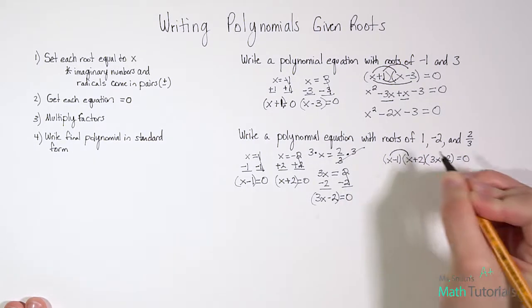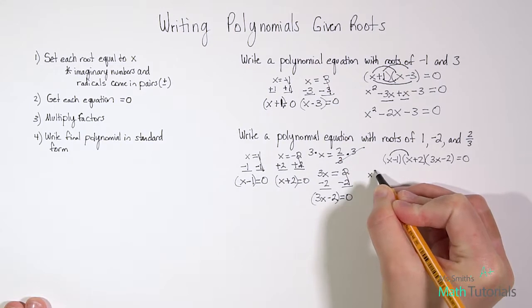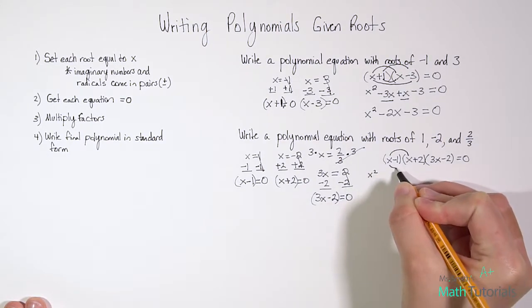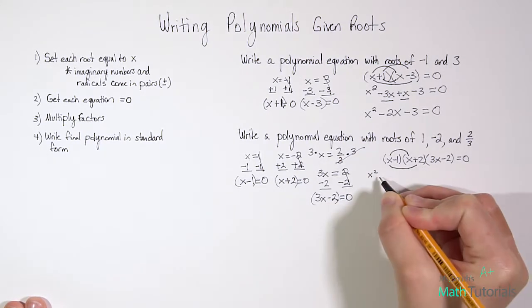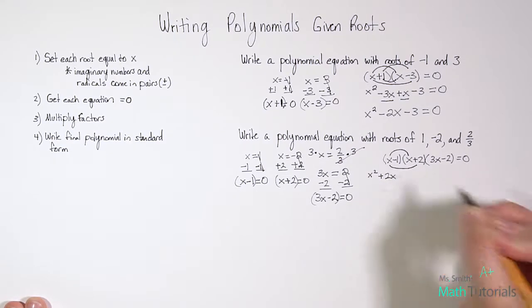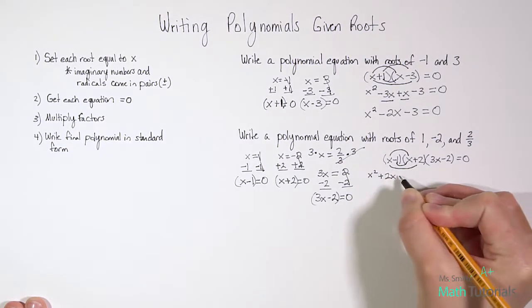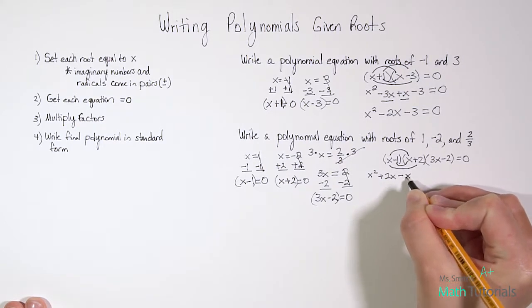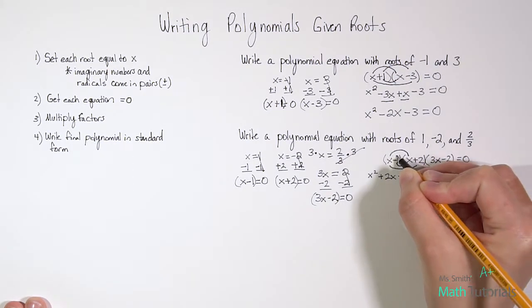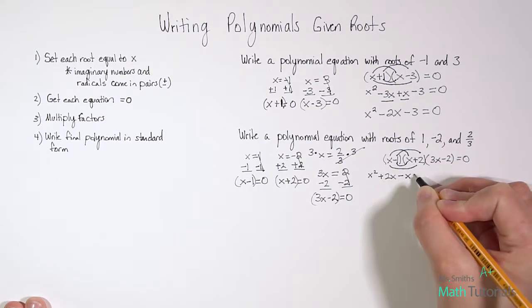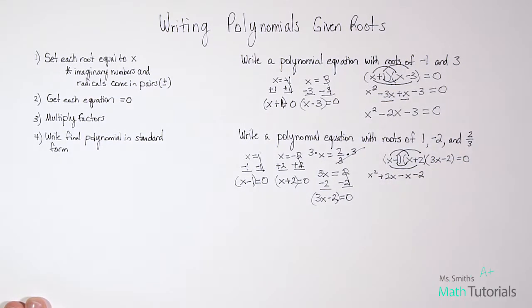So we have x times x, which is x squared. And then our outer, x times positive 2 is positive 2x. And then our inner, -1 times x is -1x. And -1 times positive 2 is -2.